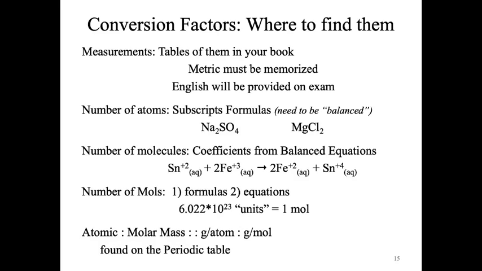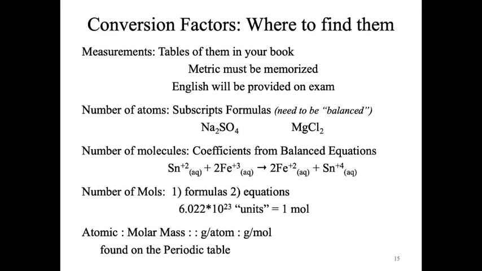Okay? Our conversion factors and where to find them. Now's your time if you want a picture. It's just addressing where that information is. You need to know where that information is. So if you're having a hard time remembering, look at these.